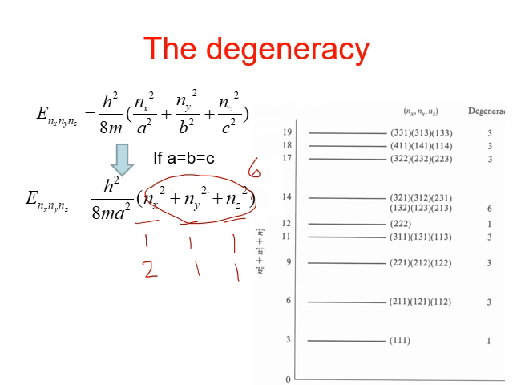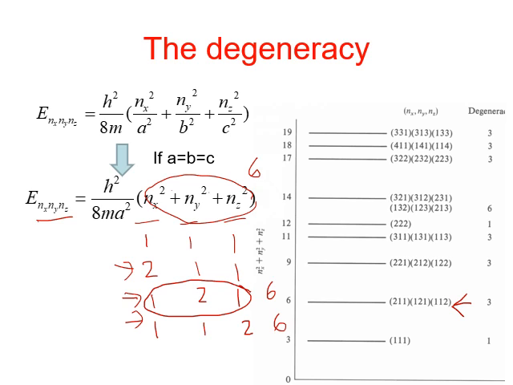However, when nx is 1, ny is 2, and nz is 1, when you add together the squares, you also get 6. Similarly, when nx is 1, ny is 1, and nz is 2, you also get 6. In other words, these three combinations of nx, ny, and nz give you the same energy. They are at the same energy.